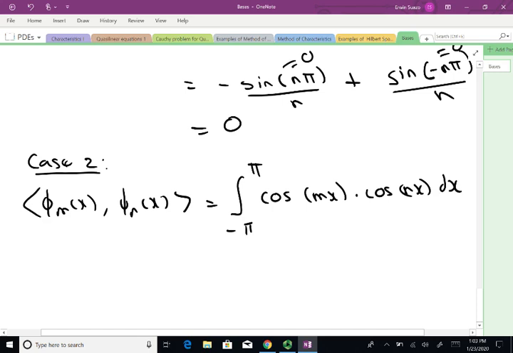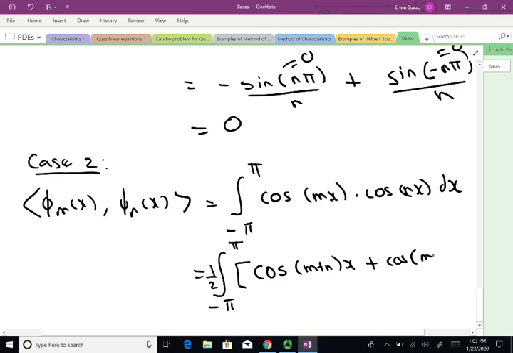It turns out we have to use an identity to prove this, otherwise it's going to get hard. This is the integral of 1/2 of cosine of (m plus n)x plus cosine of (m minus n)x dx.